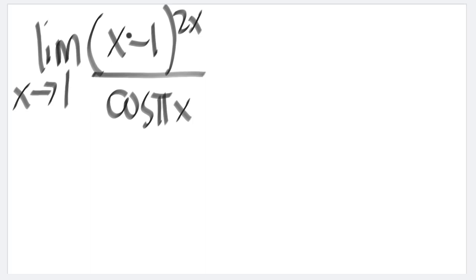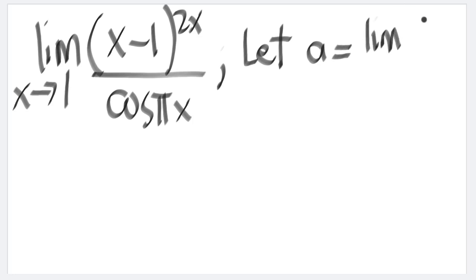So, you can see the exponent 2x. You just have to divide this into two limits, the first and the lower limit. So let us define: let a be equal to the limit of x minus 1 as x approaches 1.